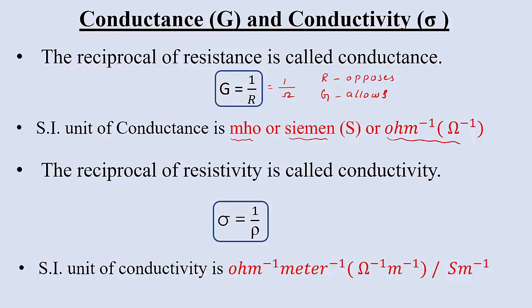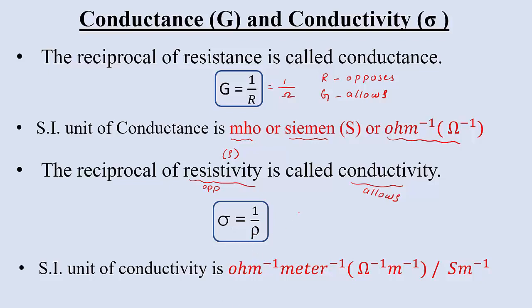So the reciprocal of resistivity gives conductivity. Remember, resistivity means opposes, conductivity means allows the flow of electrons. And the equation is sigma equal to 1 by rho, because resistivity is denoted by rho and conductivity is denoted by sigma.